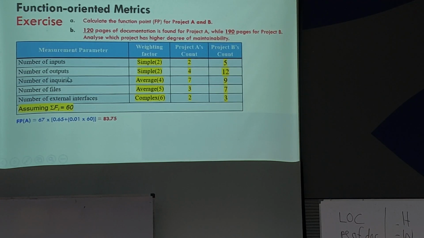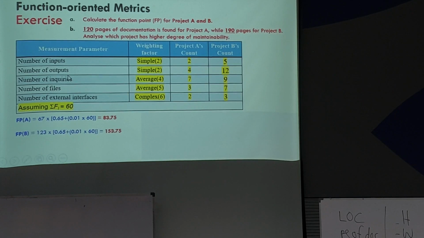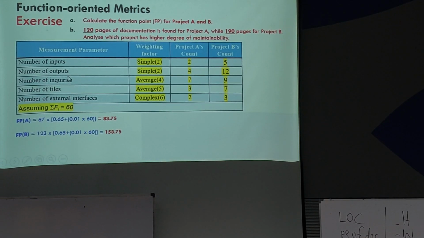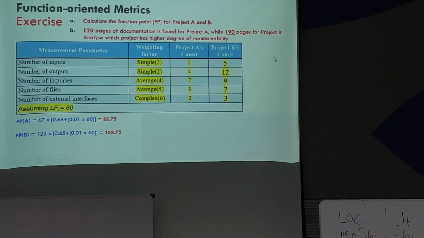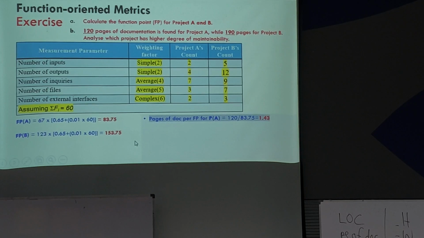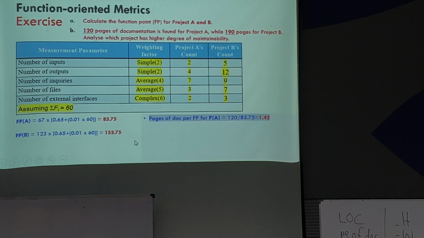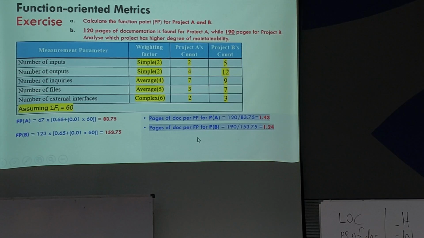Function point for project A is 83.75. Function point for project B is 153.75. Pages of documentation per function point for project A is 1.43. For project B it is 1.24.